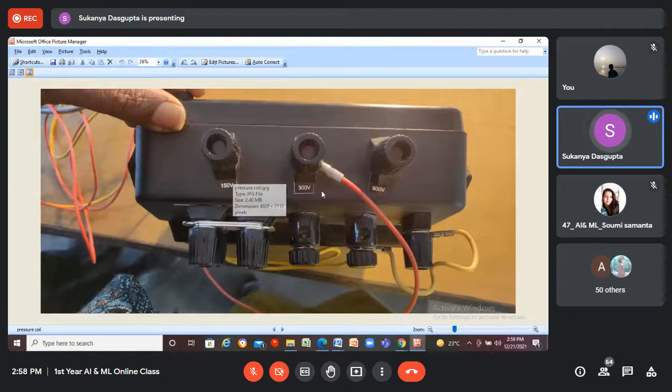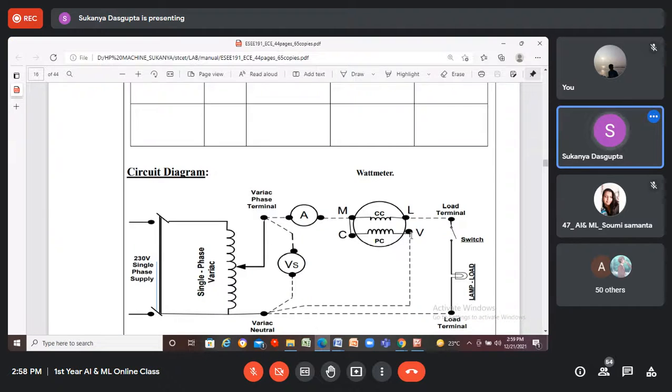So here three different ranges are given: 150, 300, 600. That means the voltmeter can operate till 600 volt, starting from 150. So here we'll use 300 volt for our application. That's why you have connected this wattmeter at 300 volt, right? That means this is the V terminal of our circuit, this terminal.